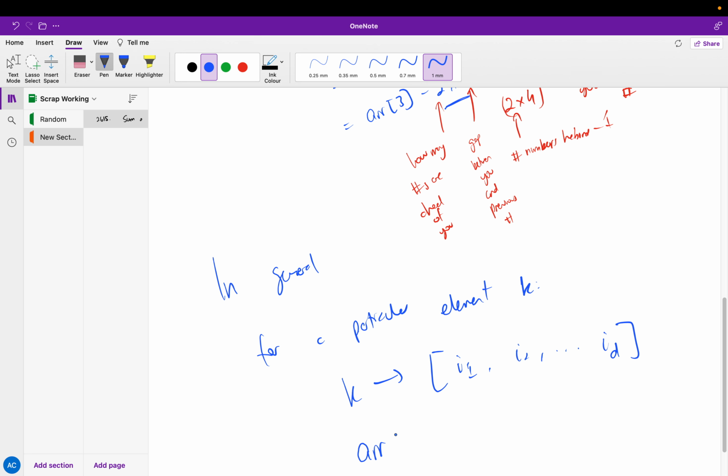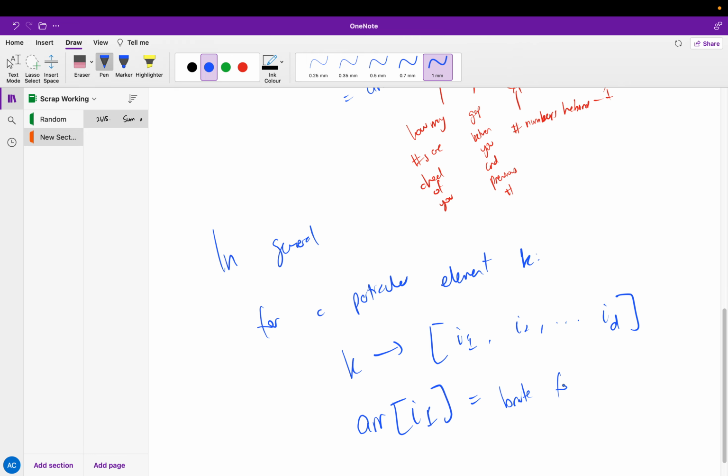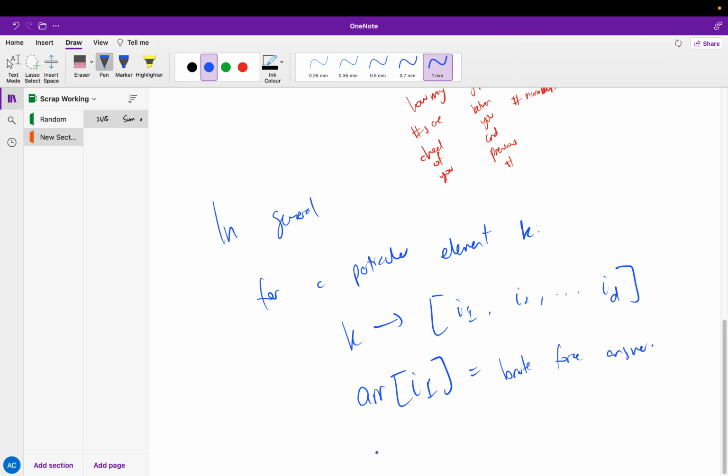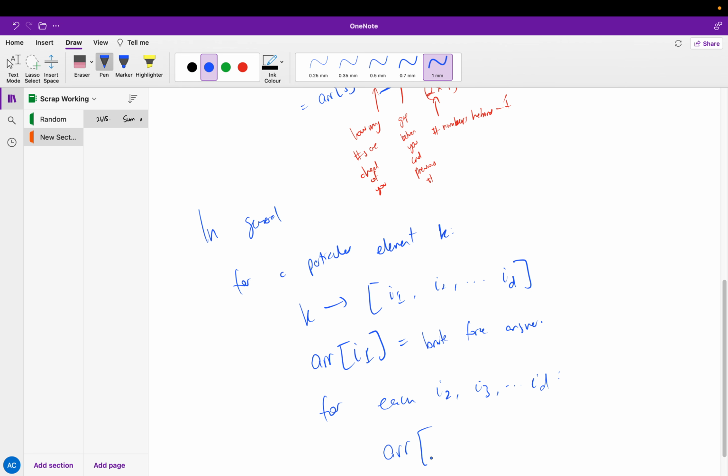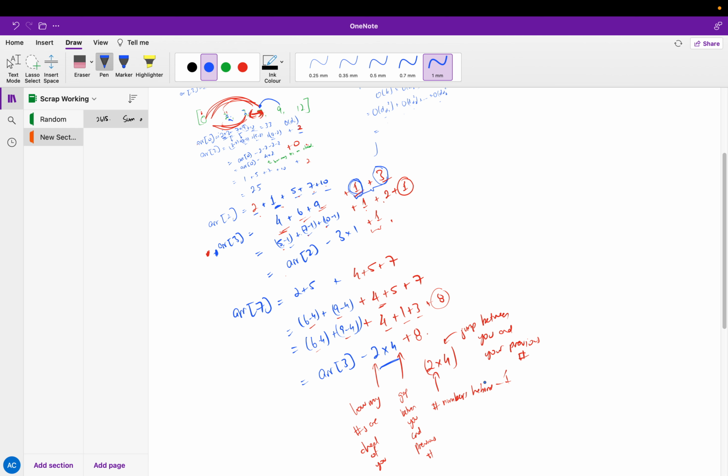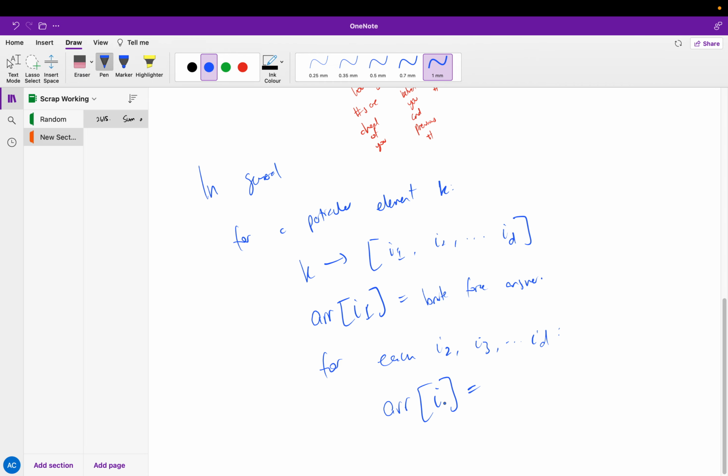The array at I1 will equal, and we will brute force the answer, and then for I2, I3, up to ID, for each of these, the array at that particular position is going to equal the array at I alpha minus 1.